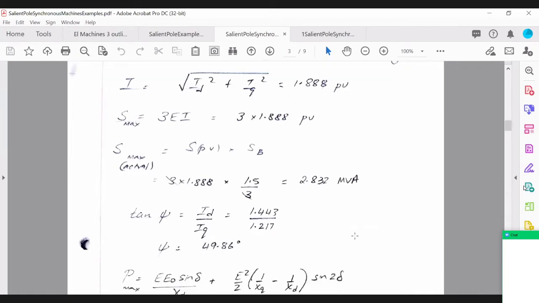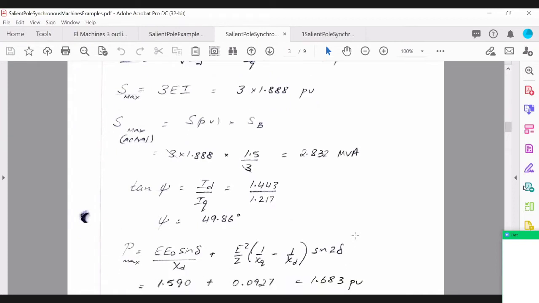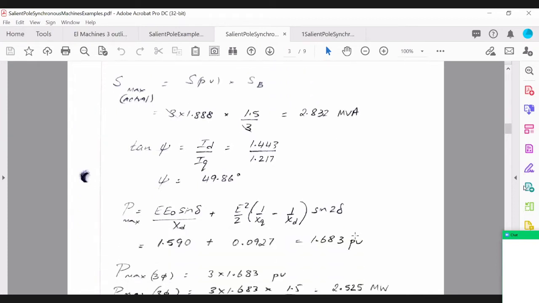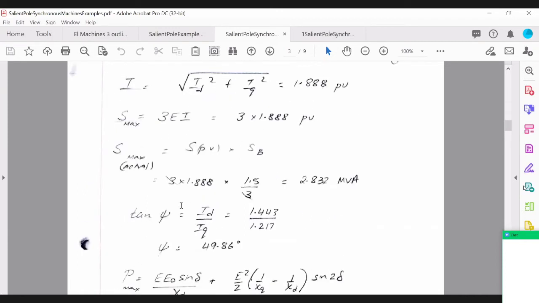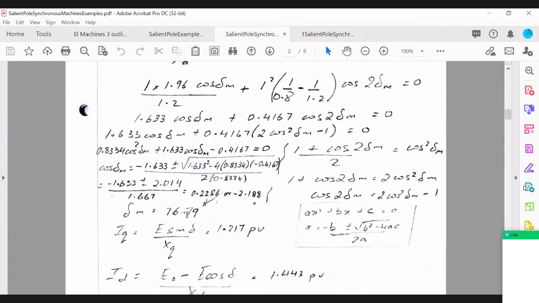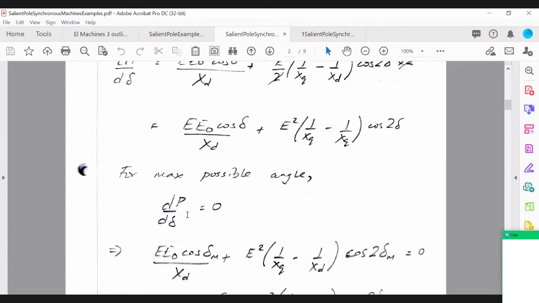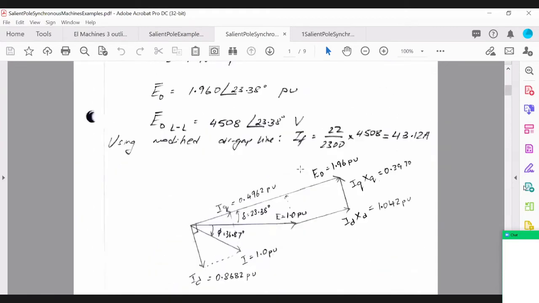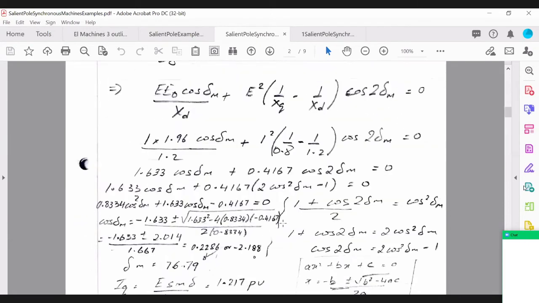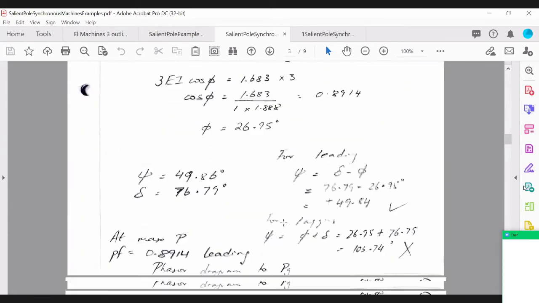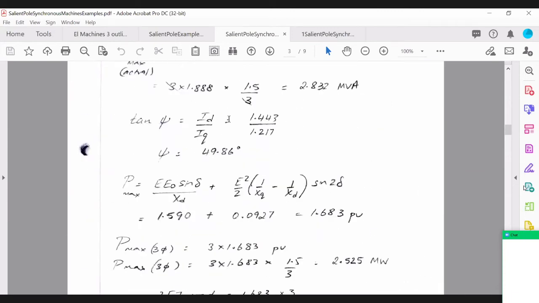And also, if we want to work out the angle, tan of this angle, if you go back, you remember, it's basically the sum of phi plus delta. So tan of this angle, you can determine using ID and IQ, take the ratio, and you can work out what is phi plus delta.